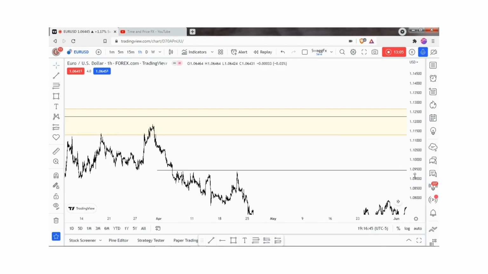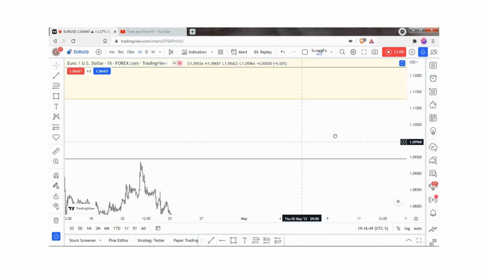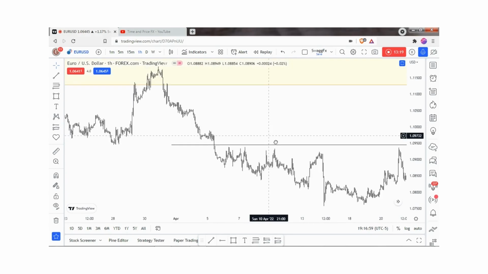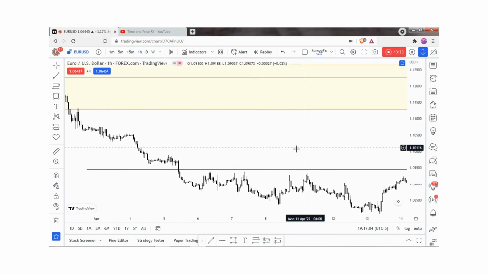So on the 15-minute time frame, I'm interested also in this. So these are the relative equal highs that we've been talking about. You can see that they're almost equal, so you're expecting price to reach into that as well.